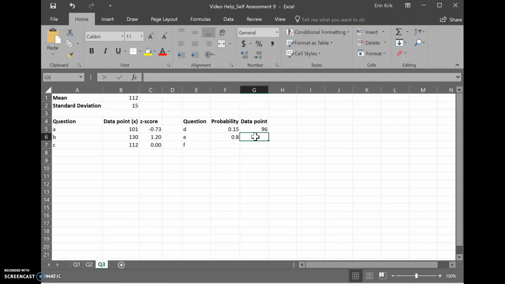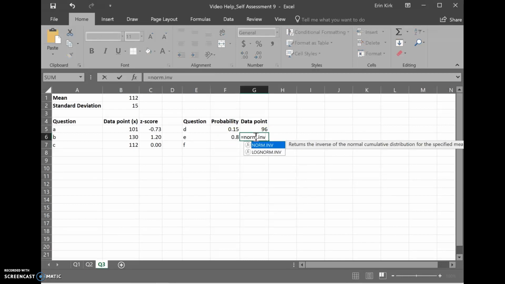To find the data point, again, we use the norm.inv function. Our probability is 0.8. The weight for the smallest 80% of babies will be the same as that for the heaviest 20% of babies. So we did that conversion, comma, our same mean and standard deviation.